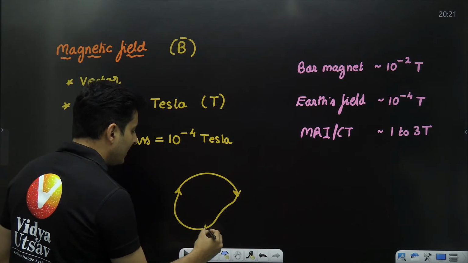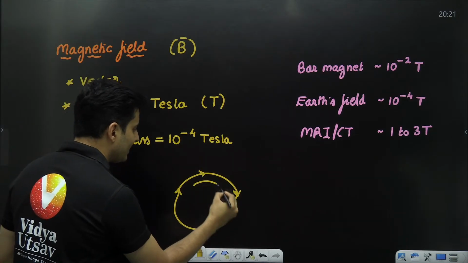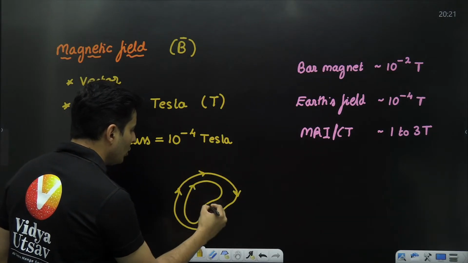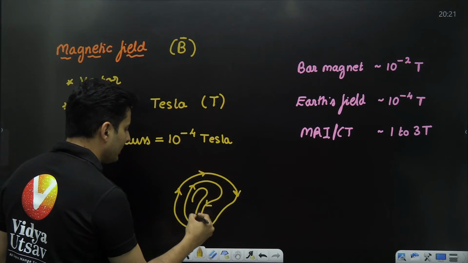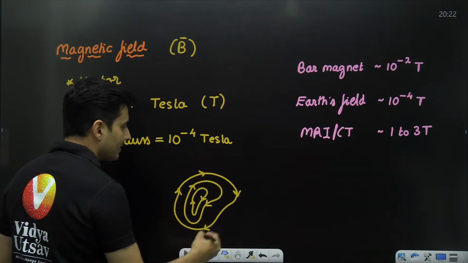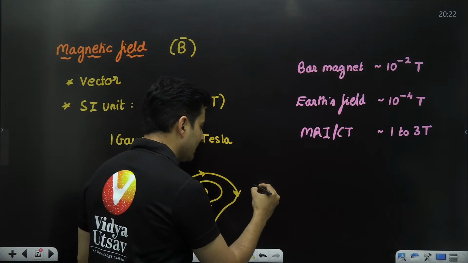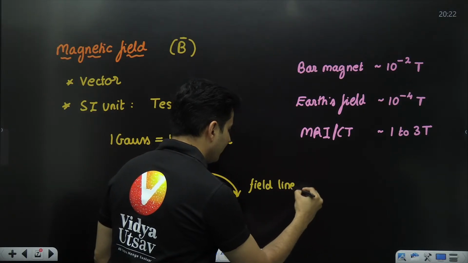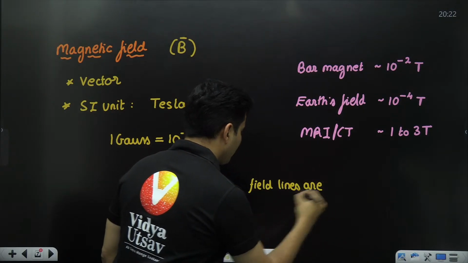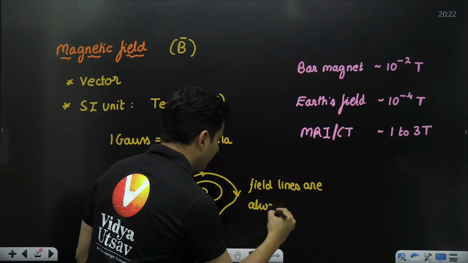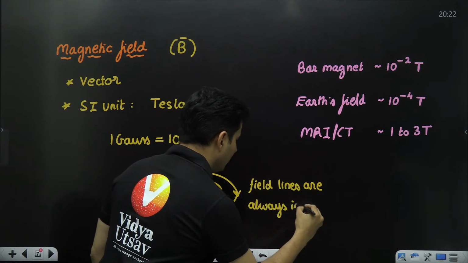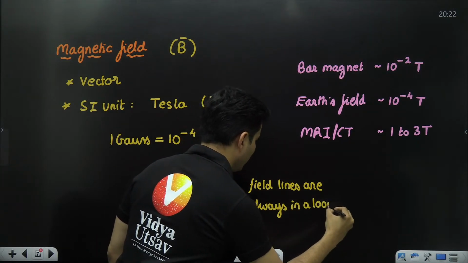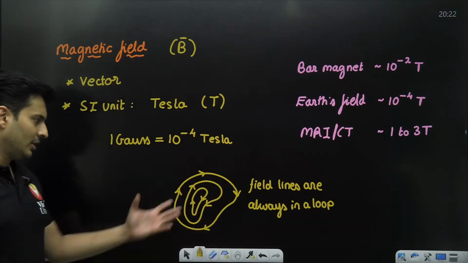So the magnetic field lines always form closed loops. There is no start, there is no end to it.